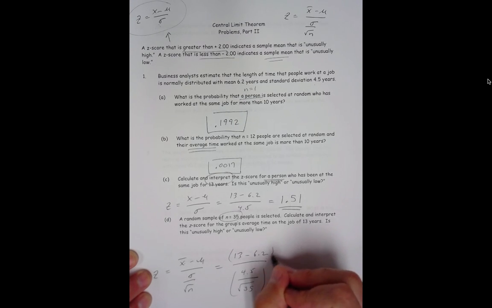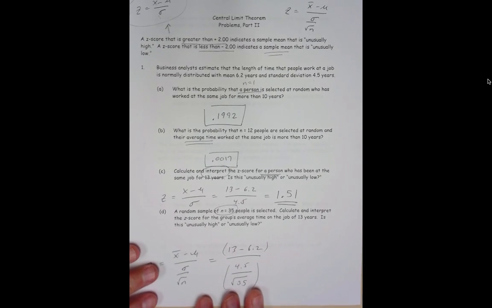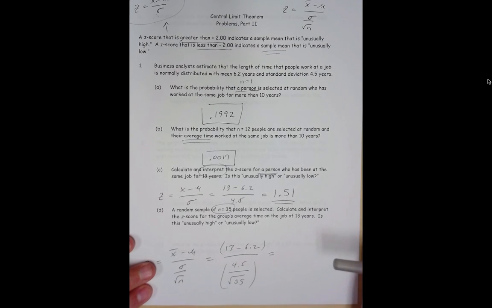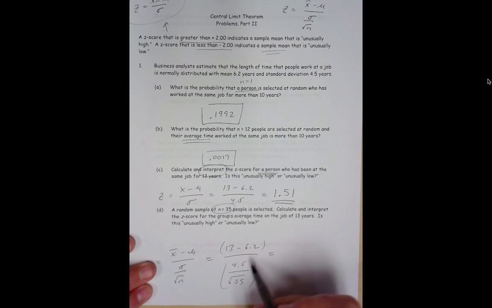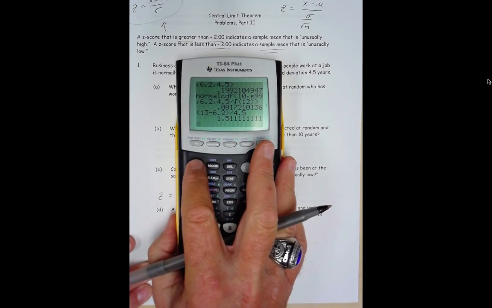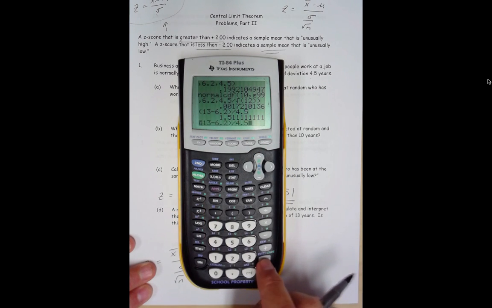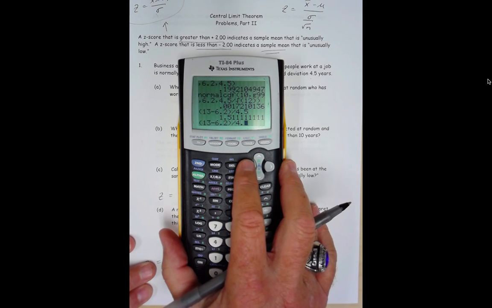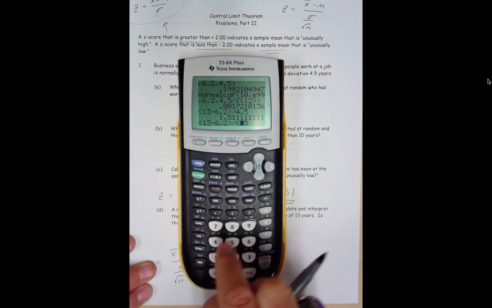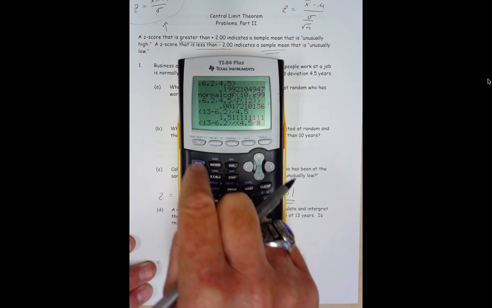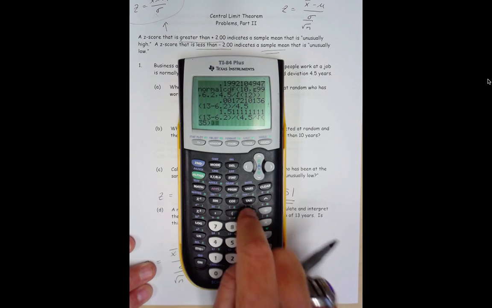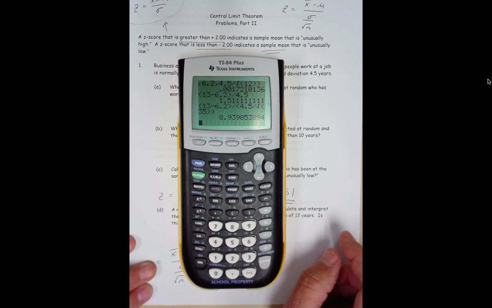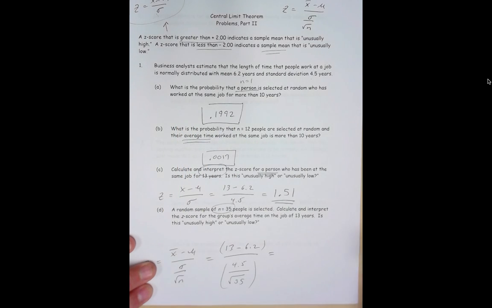Put the denominator in the numerator in parentheses so you don't get anything crazy. So 13 minus 6.2, same thing we've got. The only difference is we have to adjust the denominator. And we get 8.94.